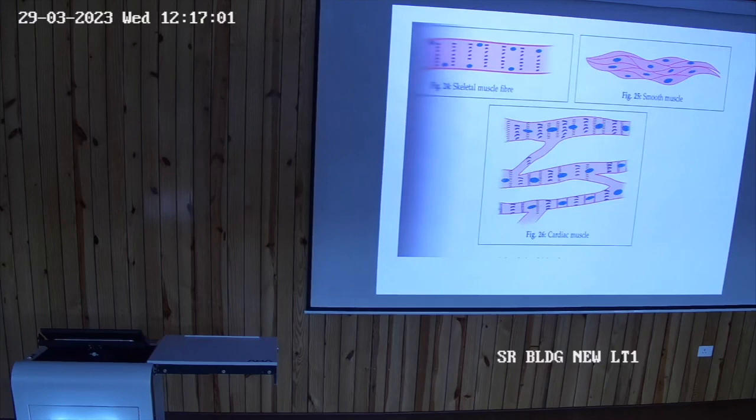And another thing, see the nuclei. The nuclei are 1 or 2 in each muscle fiber, and their position is the center of the muscle fiber. Here on the periphery, here in the center. And the third thing, you will also see the striations here, as in the skeletal muscle fiber. The striations are seen, so you can get confused.